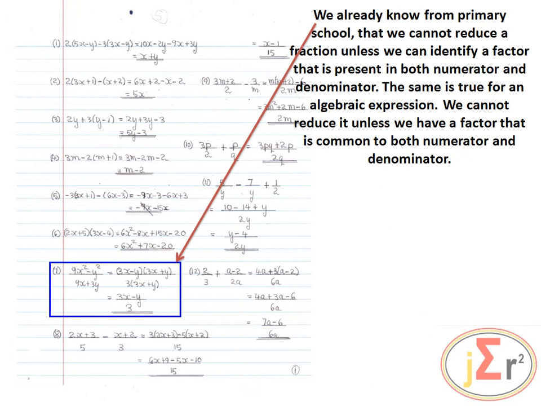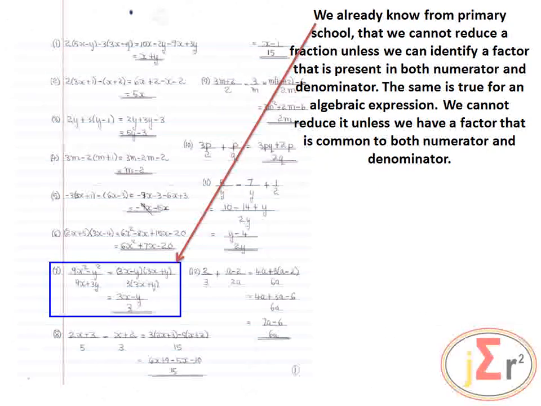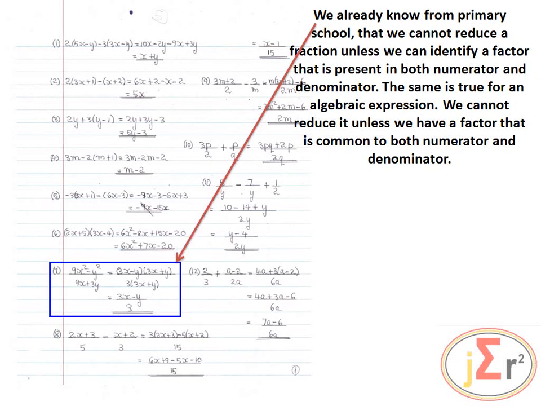We already know from primary school that we cannot reduce a fraction unless we can identify a factor that is present in both numerator and denominator. So in order to reduce the fraction, we have to have a factor that is in the numerator, and that factor is also in the denominator.